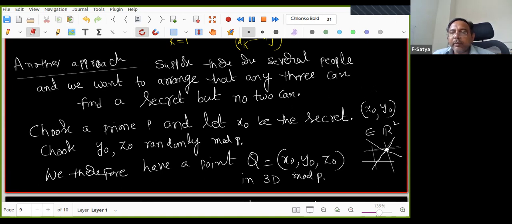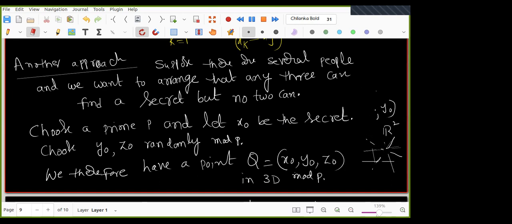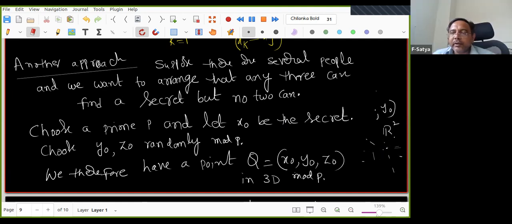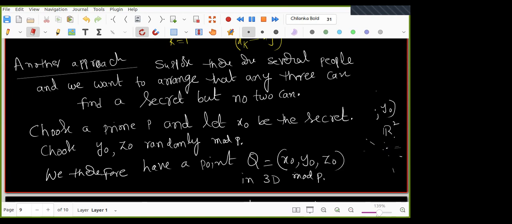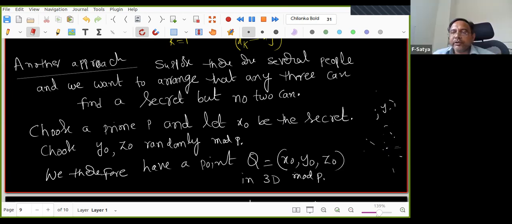So how many people can I give lines to? Infinite people. But the secret is obtained only when two come together. This is called a (2, w) threshold scheme. w can be any number, whatever it may be, but when two people come together, they can get the message.